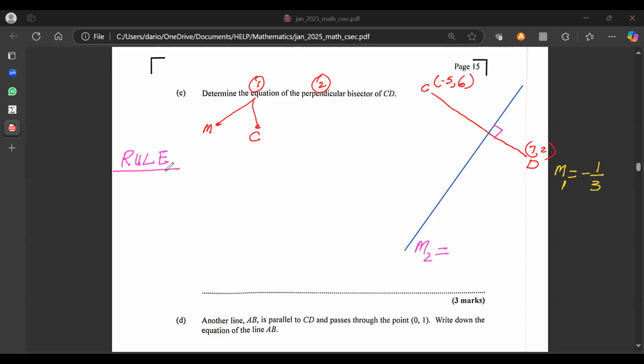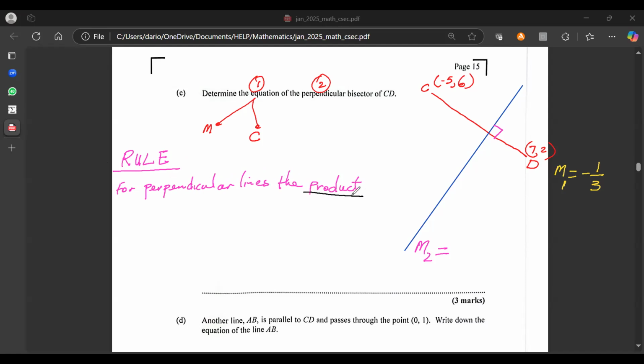The rule says that for perpendicular lines, the gradients, the product, so what does product mean? What does product mean in maths?